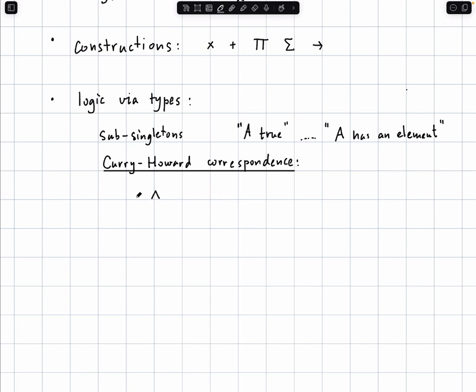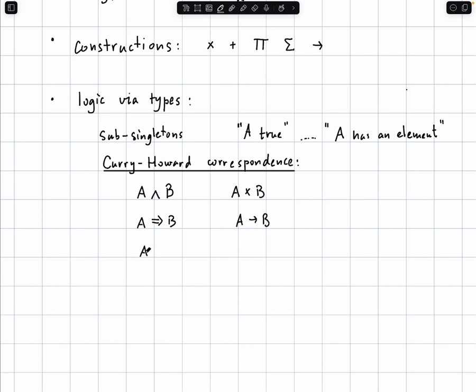Conjunction of two statements turns out to be just the Cartesian product, because it's got exactly the right rules to follow this idea that to have an element is to be true and to not have an element is to be false. A Cartesian product has an element if and only if both A and B have an element. Then we had implication. Implication turns out to be just function space.